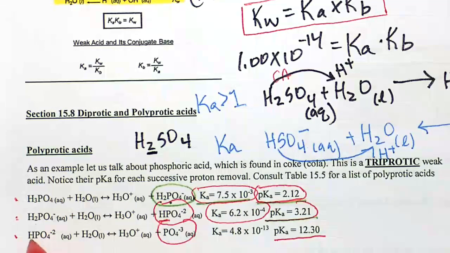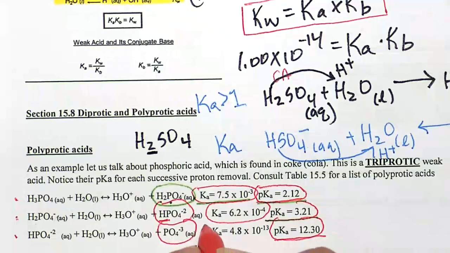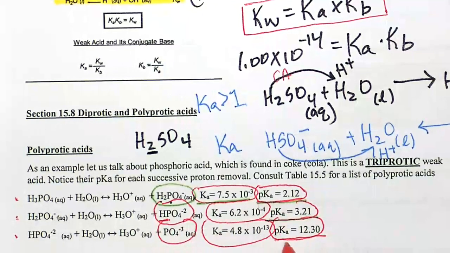Why is HPO4 2-, monohydrogen phosphate, the weakest in giving the proton? Because its pKa is really high and its Ka is really low. Look at that number, 10 to the minus 13. That's really small.